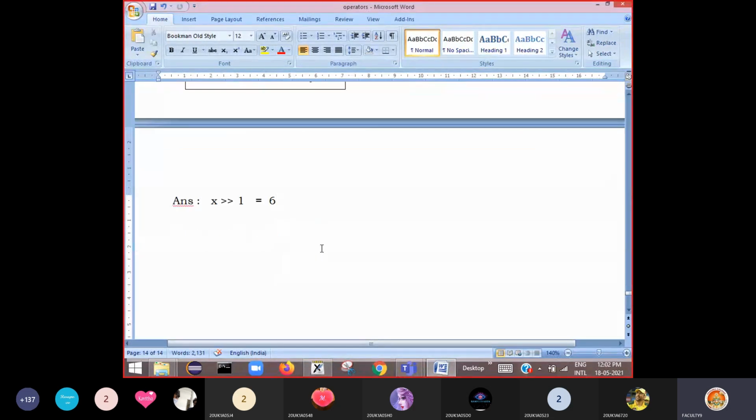Now can you tell me what is the answer you will get if x is equal to 12 and I say x right shift 2? What is the answer I will get here?